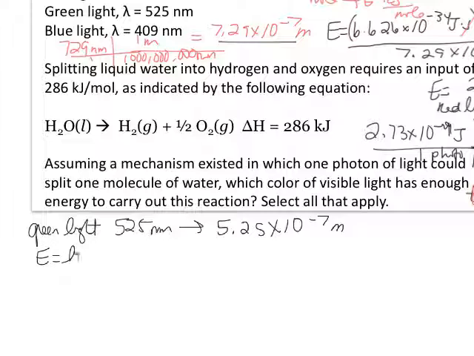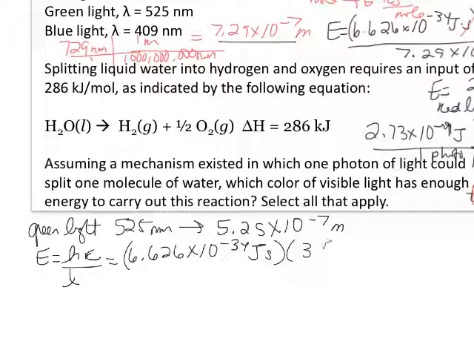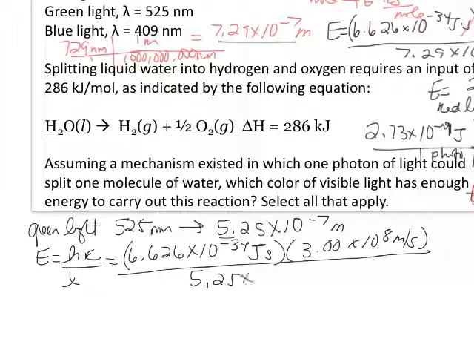E equals h times speed of light divided by lambda, and that ends up being 6.626 times 10 to the negative 34 joules times second, times the speed of light, divided by this number here, 5.25 times 10 to the negative 7 meters.